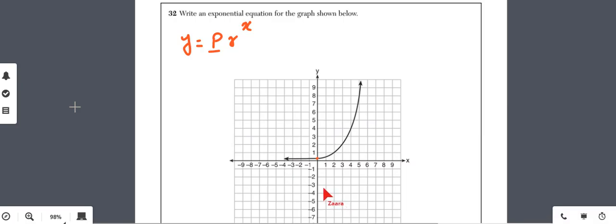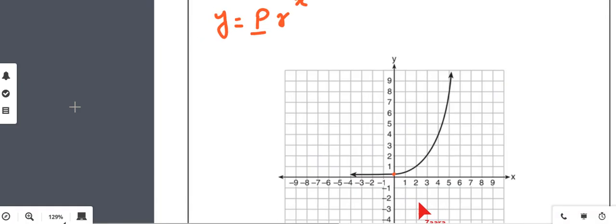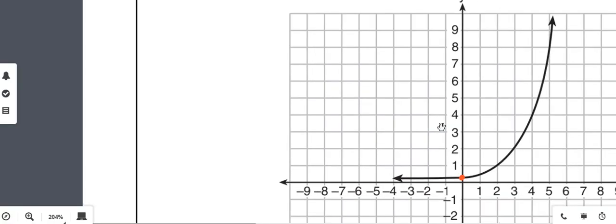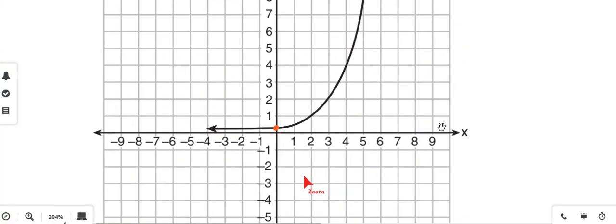And then we have to take two other points so that we can find the rate. Let me zoom in. So look at this. The y-intercept is 0.25.